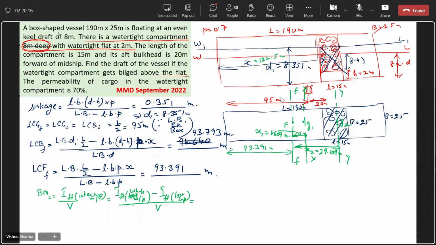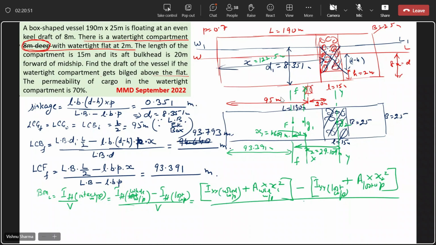So now we are good to put the values. IFF of the whole water plane. First let me write in brackets: IXX of the whole water plane plus area of the whole water plane into X1 square, minus IYY of the lost water plane plus area of the lost water plane into X2 square, upon volume of displacement.